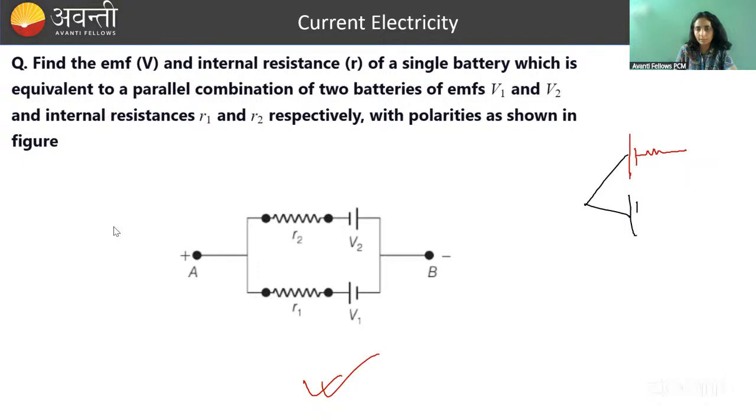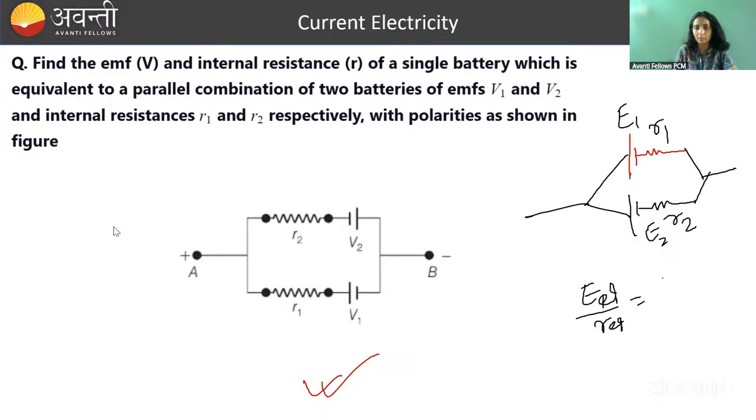They're in parallel, right? Let's say this is E1, this is R1, this is E2, this is R2. What is the formula we write? We write E equivalent by R equivalent is equal to E1 by R1 plus E2 by R2.